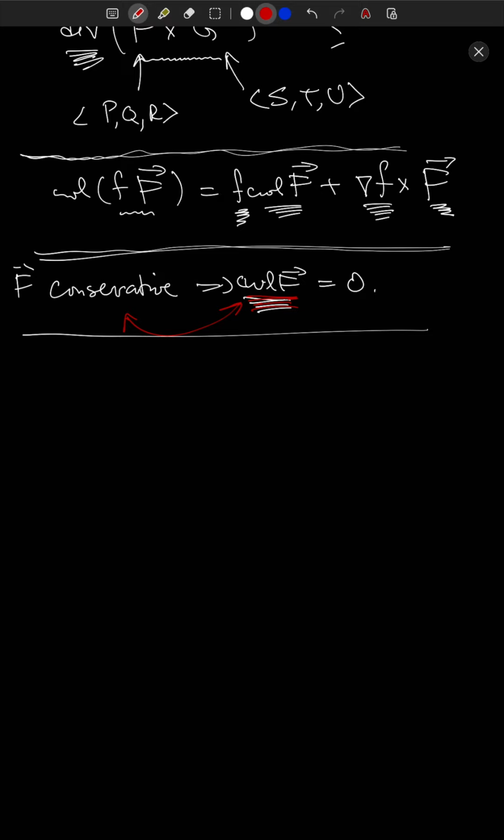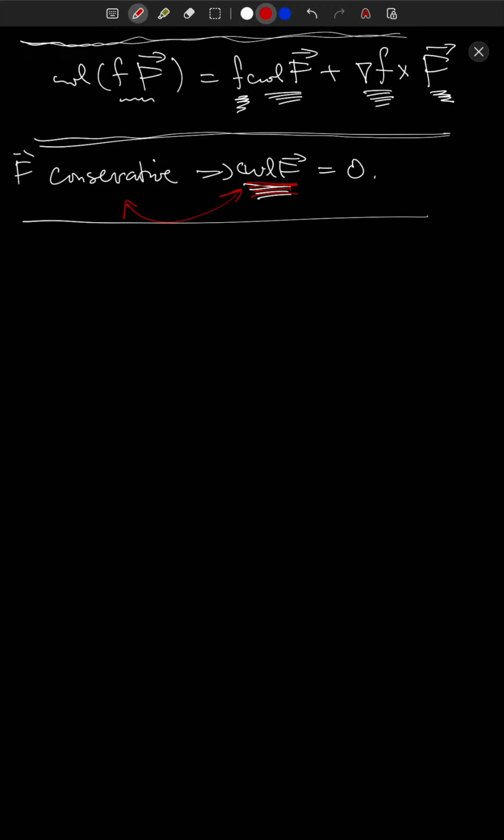Because if they did, then when you integrate around a circle, you come back to a different value for your potential. So this makes perfect sense when you think about it in an intuitive or physics manner. Okay. Let's see. So combinations.